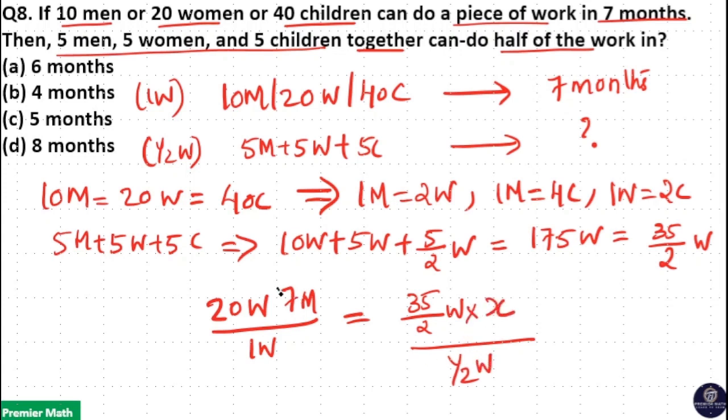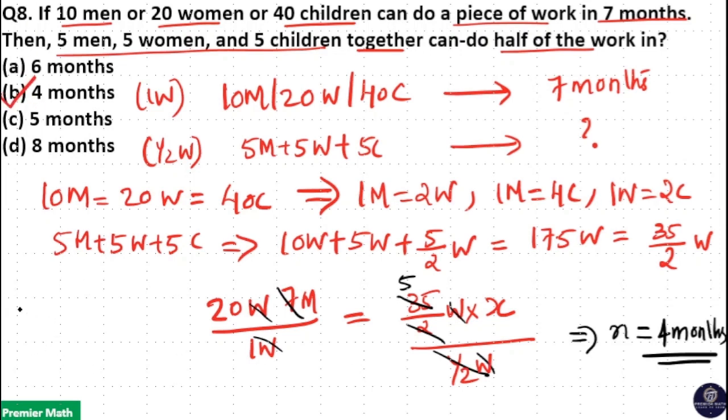Now 7 goes 5 times in 35. 1 by 2 cancel. Now X is equal to 20 by 5, which is equal to 4 months. So option B is your answer. Here I am using the formula M1 D1 by W1 is equal to M2 D2 by W2.